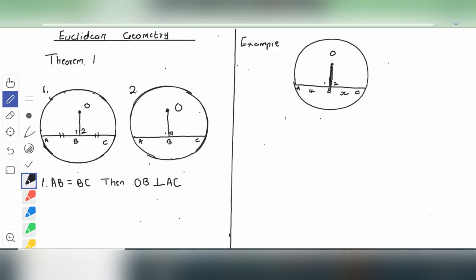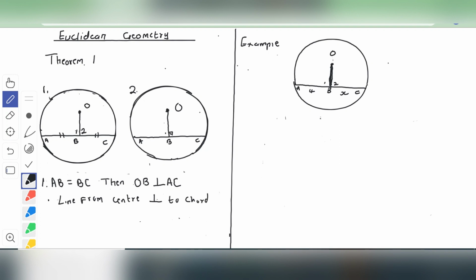So the reason for this diagram one is: line from center is perpendicular to chord.